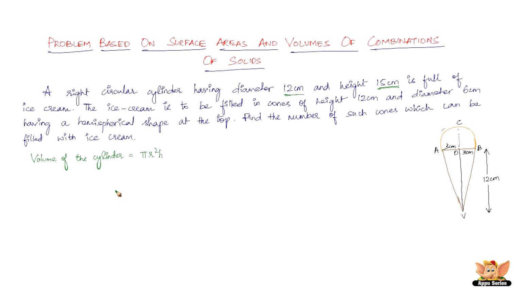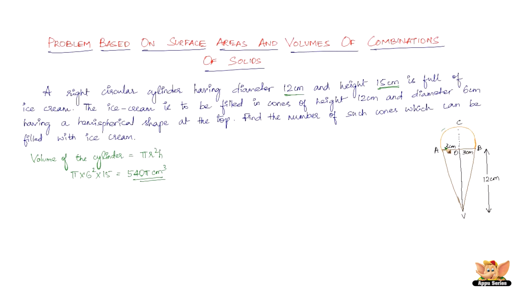So pi times 6 square, because the radius is half of the diameter, times the height 15 centimeters. 15 times 6 is 90, 90 times 6 is 540. So we've got 540 pi centimeter cube.